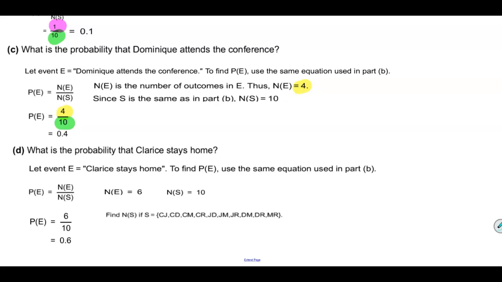So the first 4 is where Clarice is part of that grouping. So we're not going to pick those. So what's possible then is the remaining outcomes, which are 6. So we're going to take 6 and then divide it by the total, which is 10, and therefore the probability would be 0.6 or 60%.